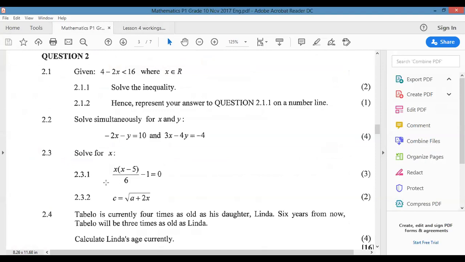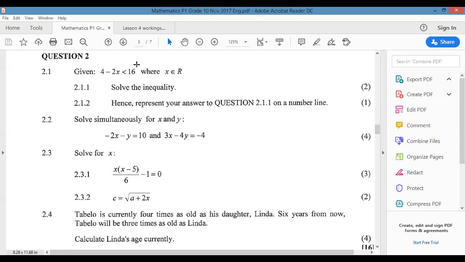How to solve the power of 2. Which power of 2? Windows, please be specific also. Okay, 2.3. Oh, you're saying 2.3.1. Okay, I'm going to go back to 2.3.1. Okay, cool.